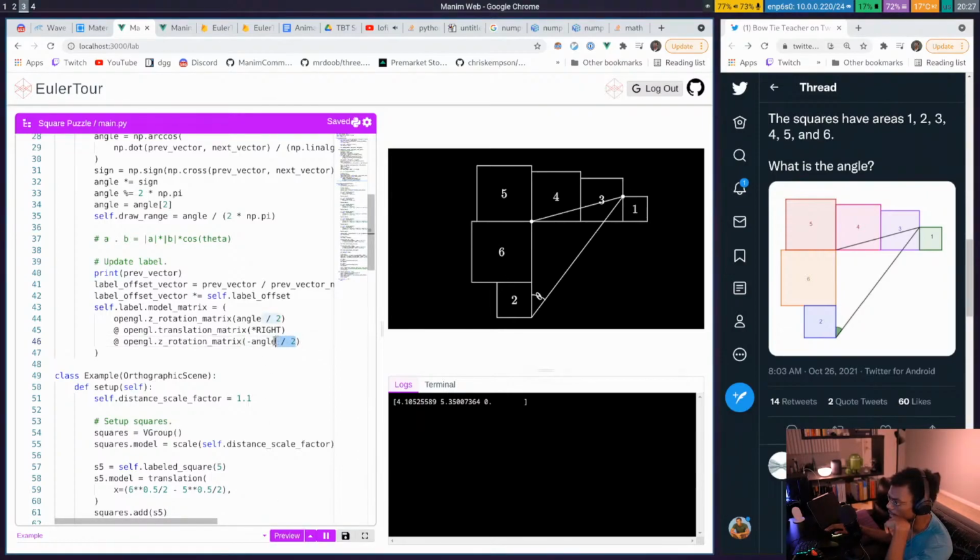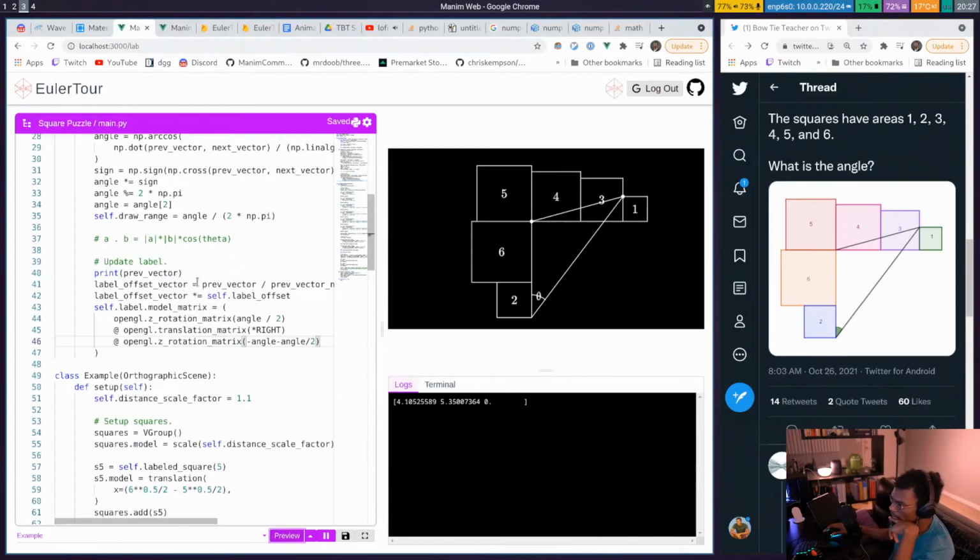No, that's the wrong direction. So this should be minus angle. This should be a positive angle over 2? So close. Minus angle over 2. Okay, now it's upside up.